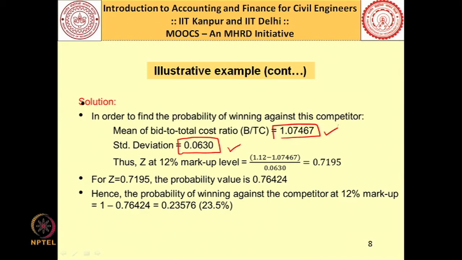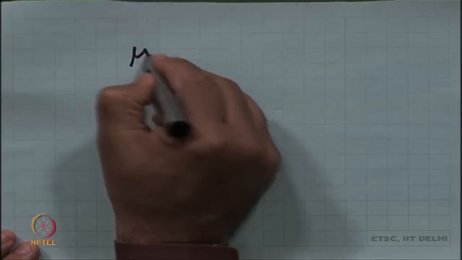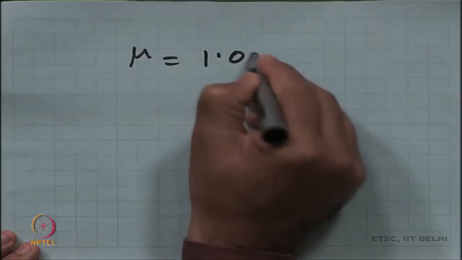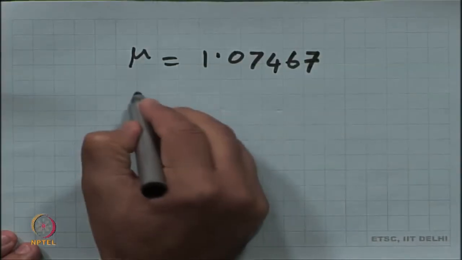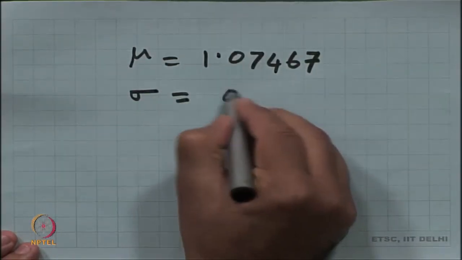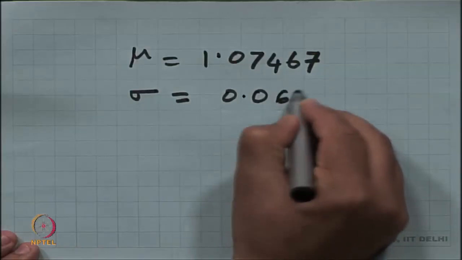These two values you can cross check. So, I find that my mean value for this particular example is coming to be 1.07467 and sigma, if you calculate, is coming to be 0.0630.